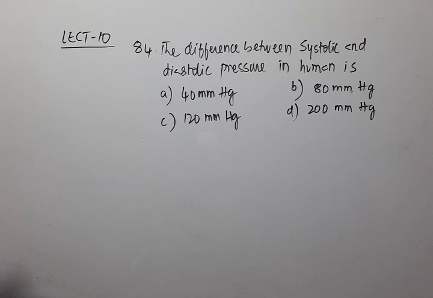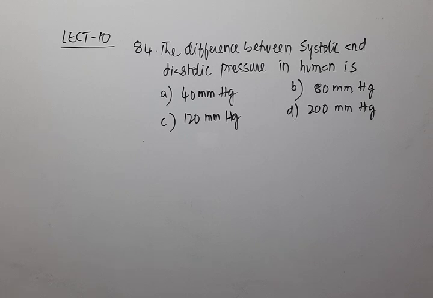Okay, right. Then the next question, the difference between systolic and diastolic pressure in humans. We already know the systolic, or the systole, which means contraction of the heart, and the diastole, which means the relaxation of the heart.